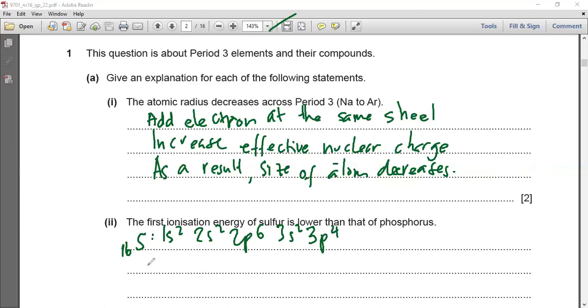And phosphorus is 1s2, 2s2, 2p6, 3s2, and 3p3.